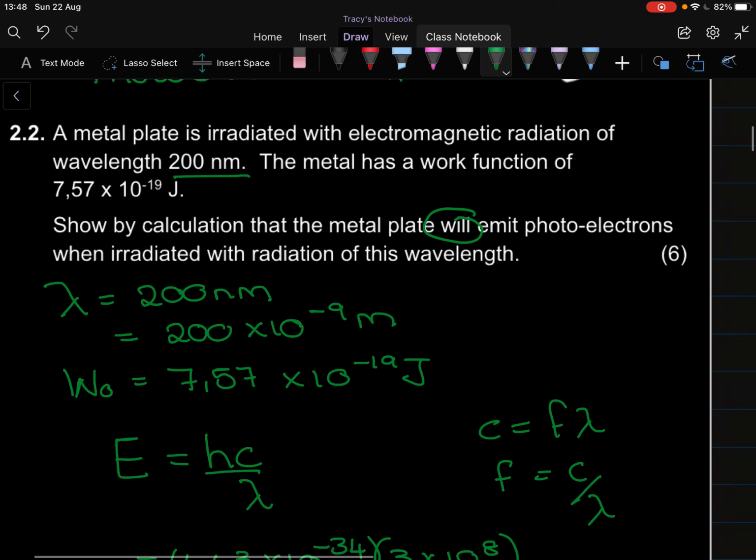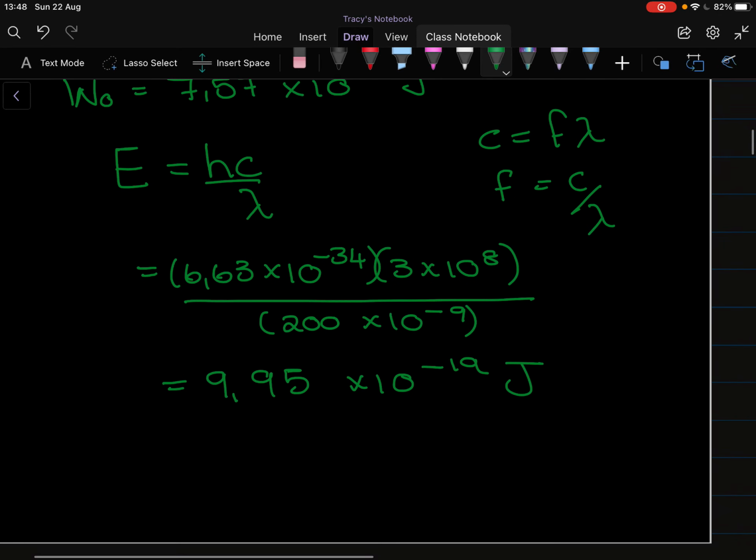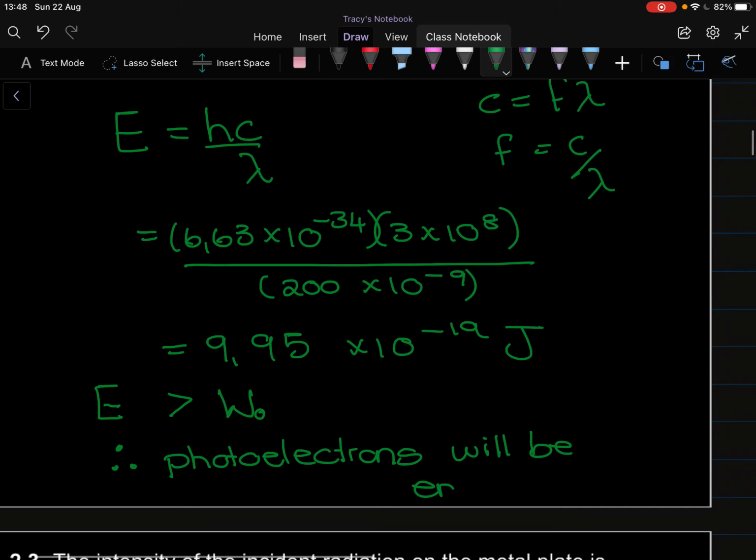Okay? The question is, show by calculation that light will be given off. Well, E is greater than the work function. Therefore, photoelectrons will be emitted. Alright, it's just a simpler way around.